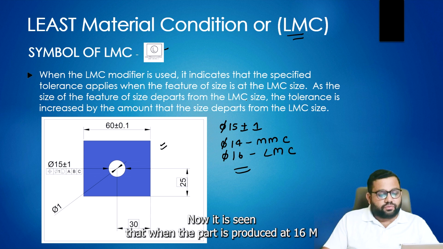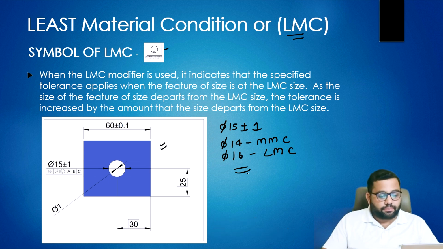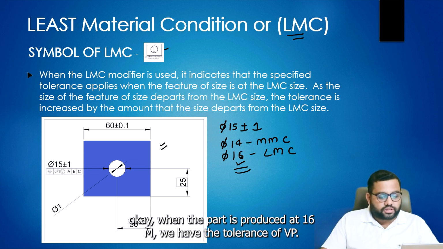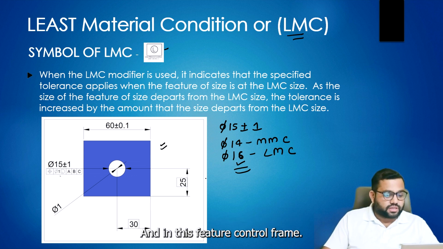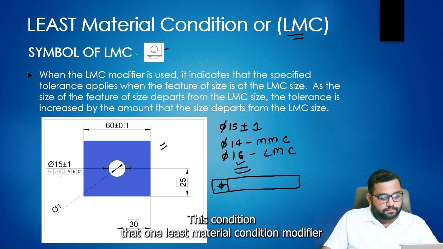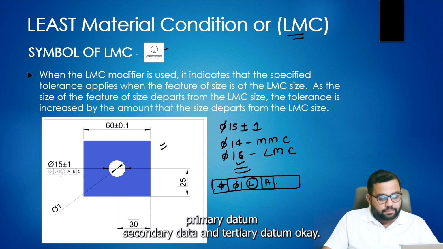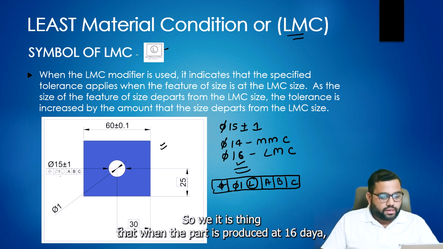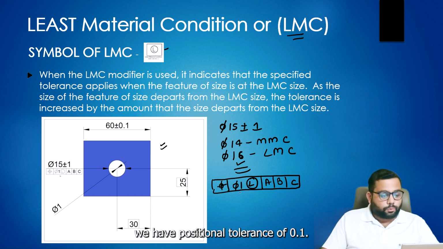Now it is saying that when the part is produced at 16 mm, in this feature control frame we have position, dia 1, the least material condition modifier, then the primary datum, secondary datum, and tertiary datum. It is saying that when the part is produced at dia 16, we have a positional tolerance of 0.1 mm.